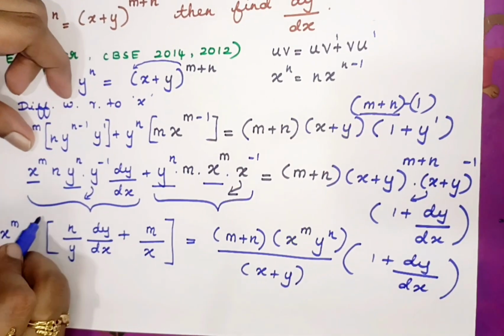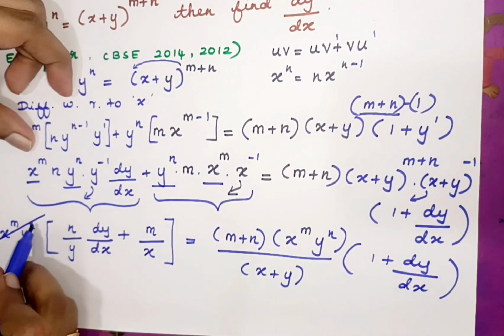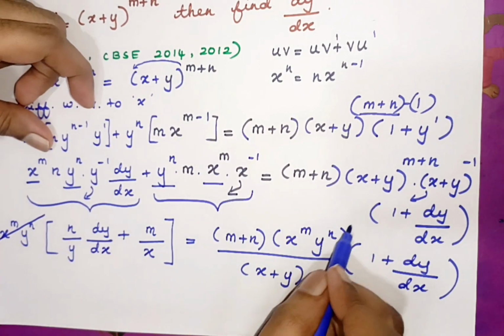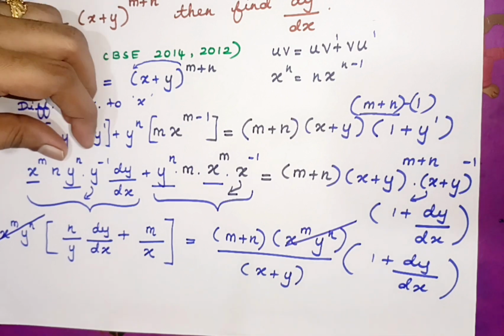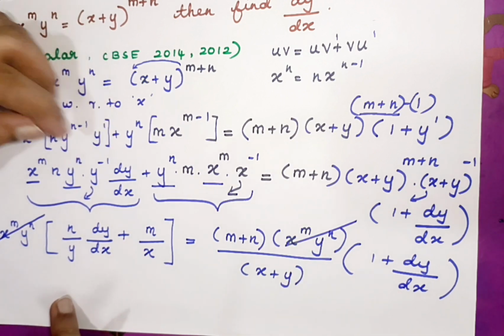So let us see. Left hand side x power m y power n is there. Here also x power m y power n is there. So I have cancelled the terms.